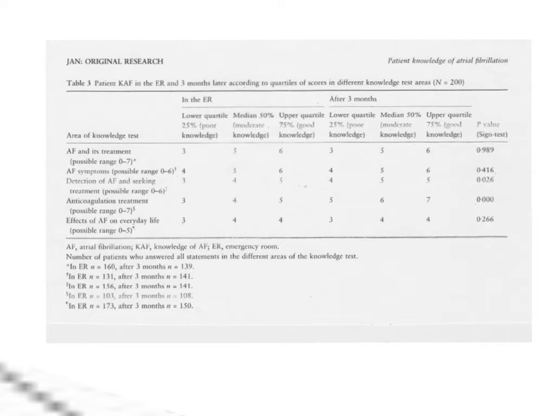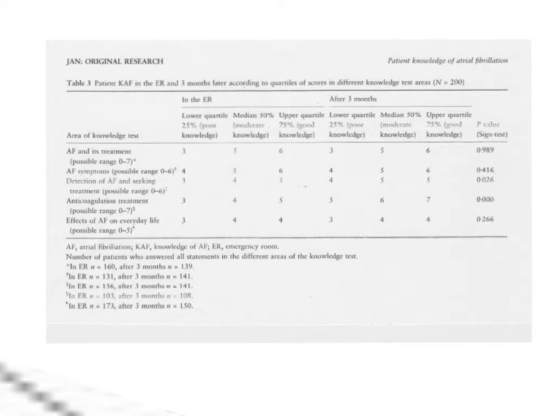The purpose of this study was to assess patient knowledge about AFib, its determinants, and evolution during 3 months after a visit to the ER. A questionnaire was administered to patients at the time of their ER visit and again 3 months later.